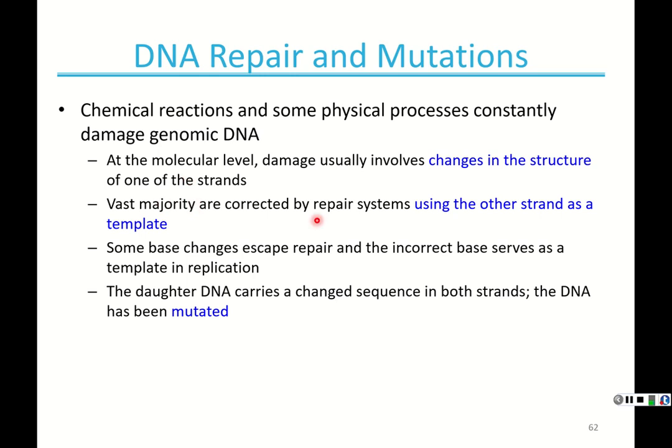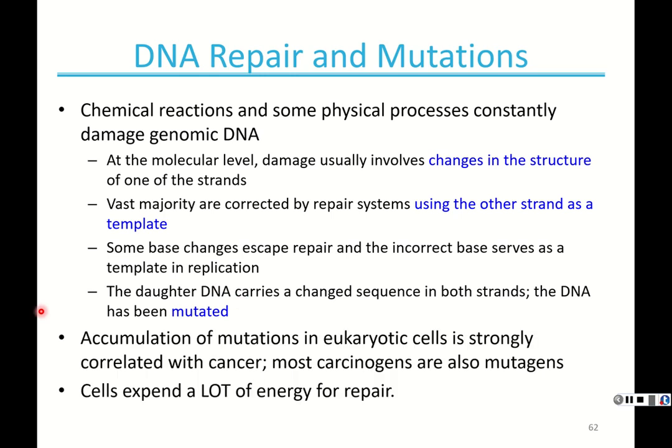Okay, the vast majority are corrected by a repair system using the other strand as a template. So you have a mistake on one strand, you can always use the other strand as a template to repair that. Some base changes do escape the repair, and then their incorrect base serves as a template in replication. Right, and when that happens, the daughter DNA carries that changed sequence in both strands, and that's what we refer to as a mutation.